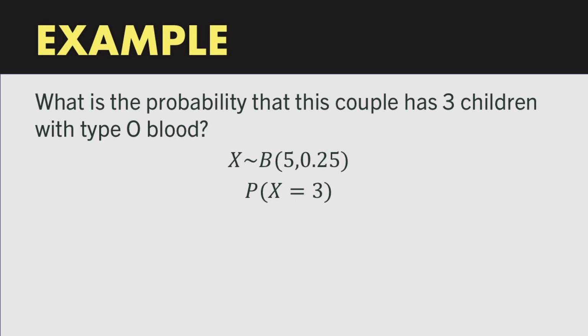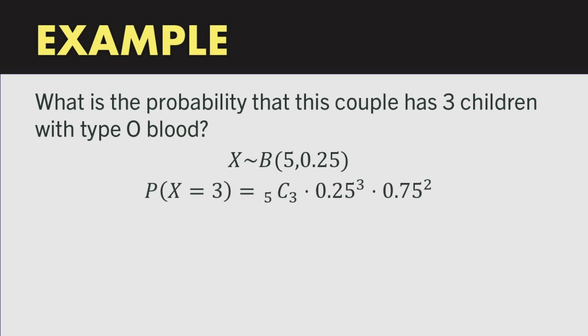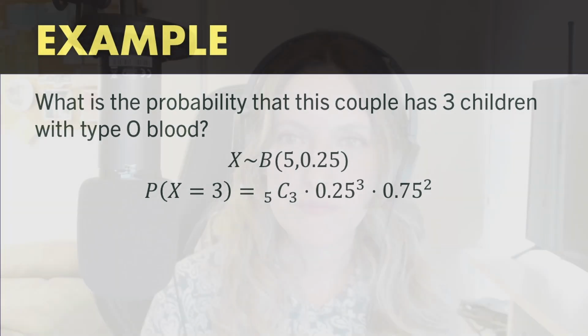I could use the formula. I could do combinations of 5 choose 3 times 0.25 to the power of 3 times 0.75 to the power of 5 minus 3, so to the power of 2. If I use the formula, I would try to calculate that.